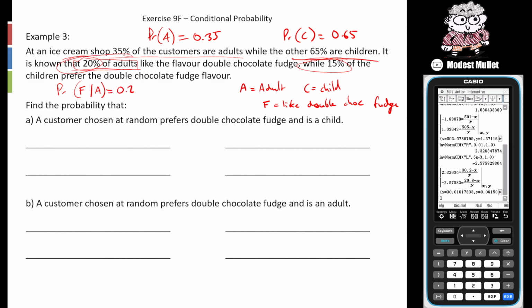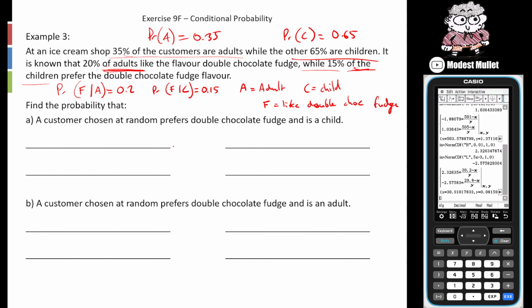That's how we can write out that information. Since we've got 'of adults', that's our restriction. We're restricting our sample space. Of those adults, 20% of them like chocolate fudge. And same with this last bit, while 15% of the children, so of the children is our restriction. We've restricted to children, and they also like the fudge, is 0.15.